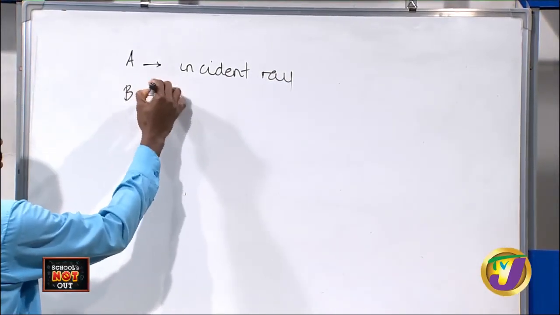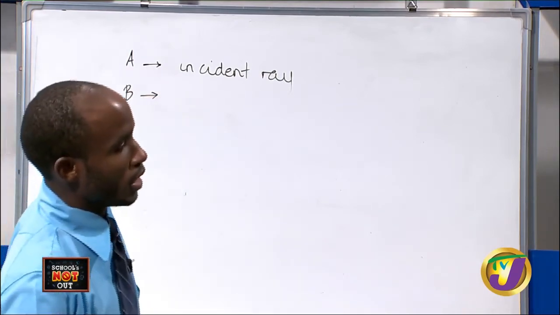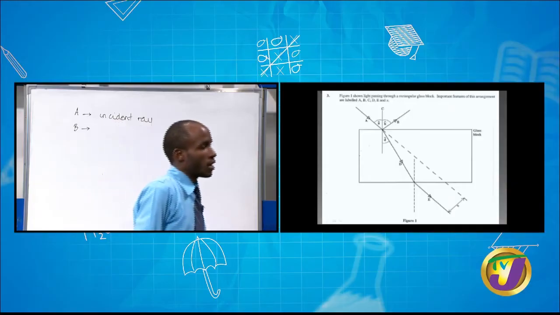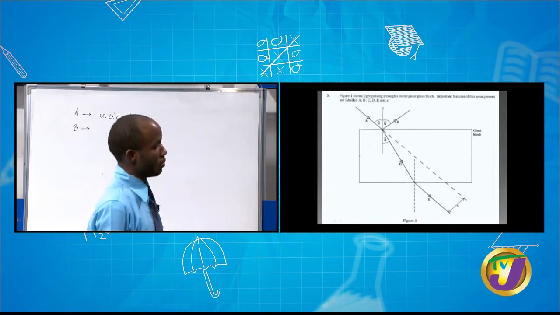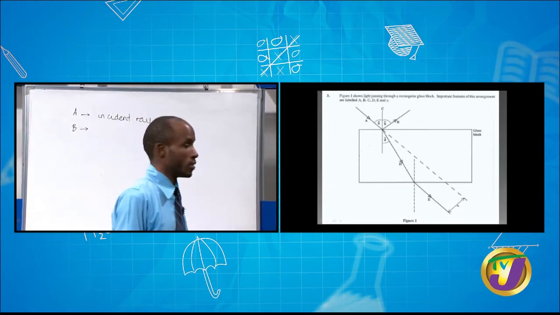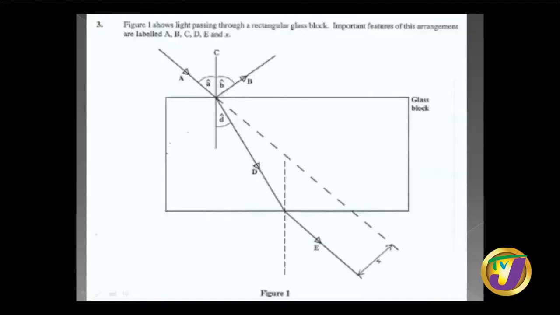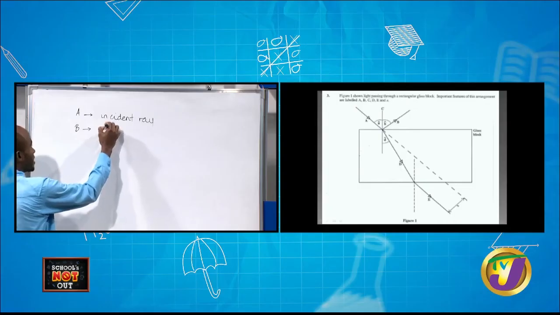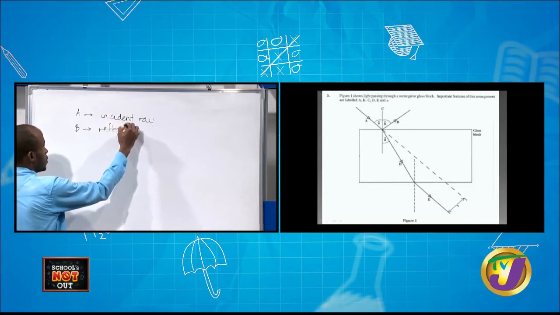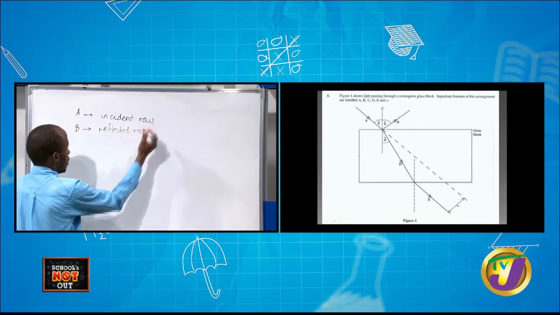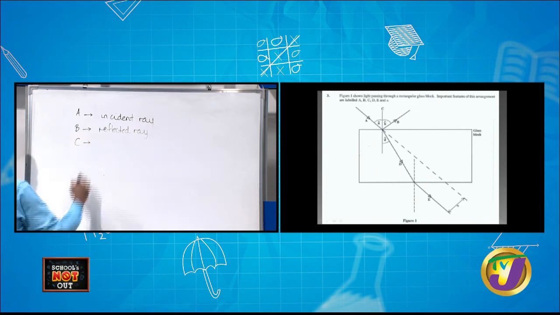B, based off the diagram, is that reflected or refracted? Remember, reflection is bouncing off from a surface. Refraction is when it actually goes from one material to another. So since B doesn't go into the glass but comes back off the surface, this is now the reflected ray. So don't confuse that.